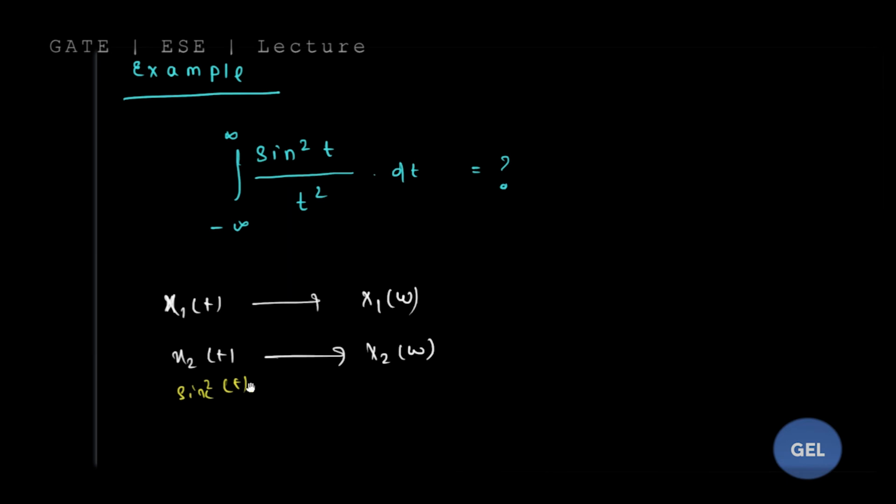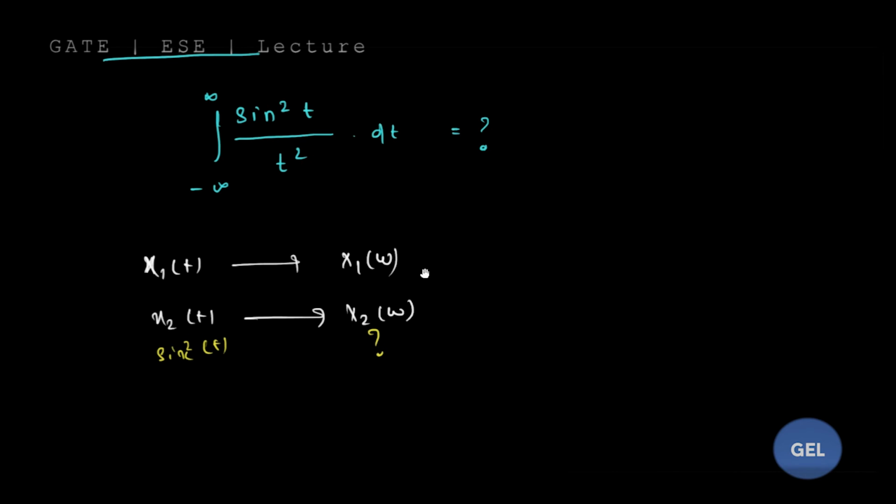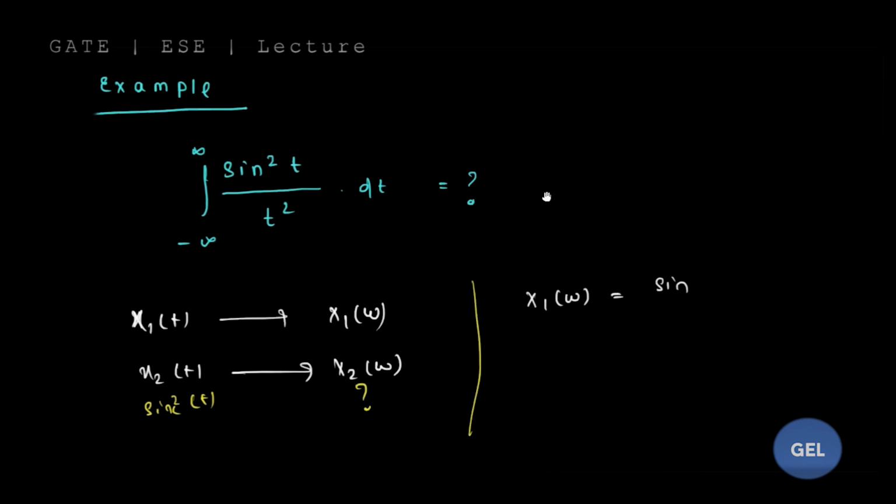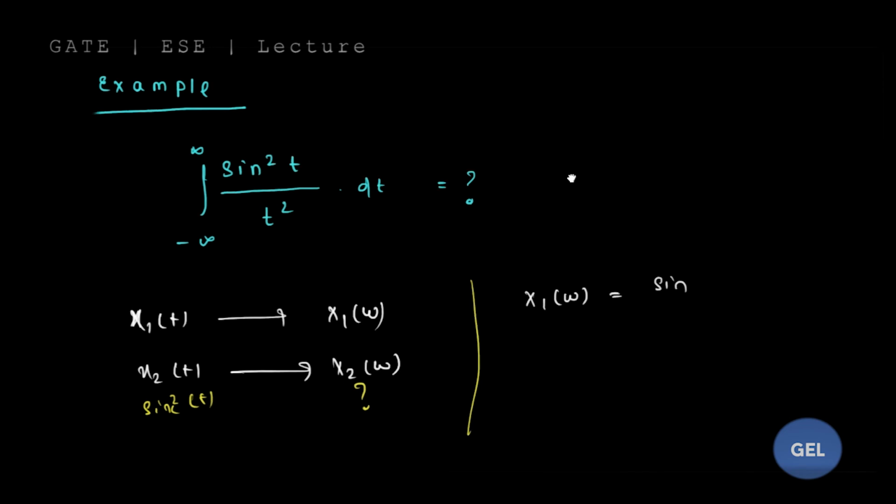Yes or no? Sinc square t. You are asked to find the value of X2(ω). To find it, you need to write down X1(ω), which is nothing but sinc.